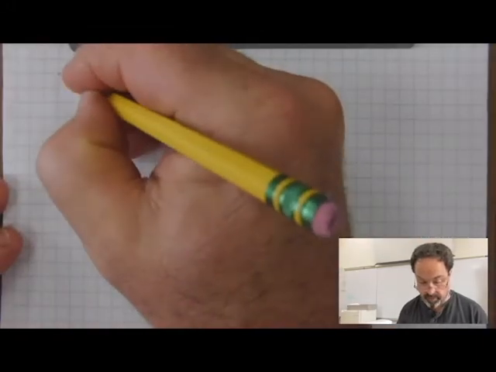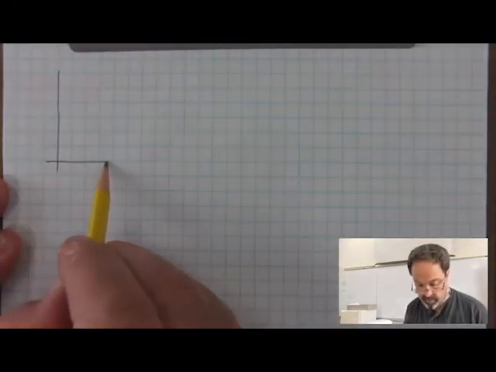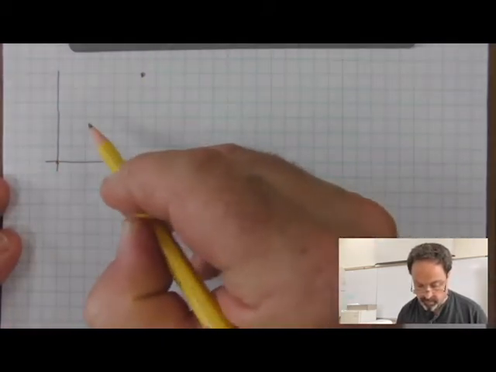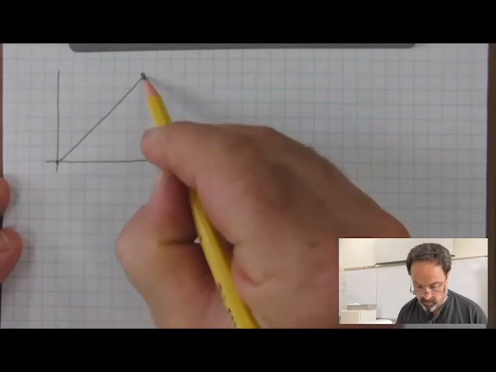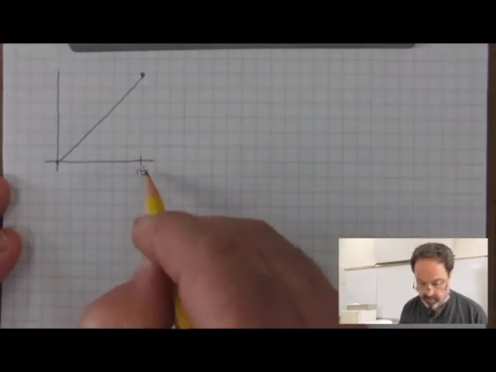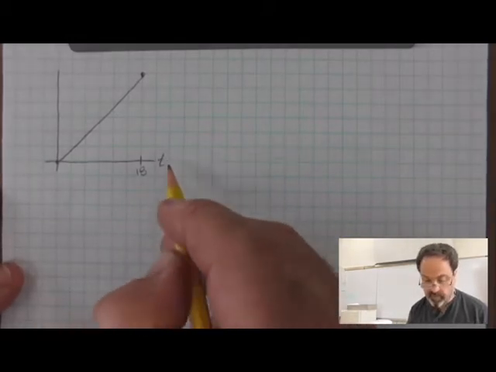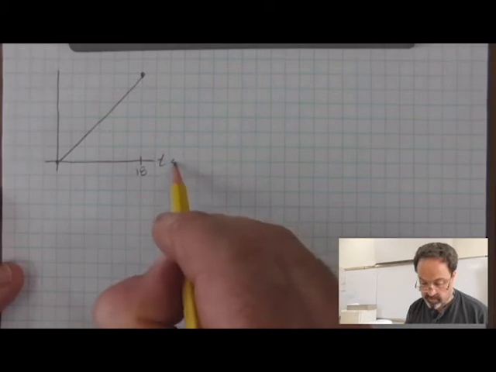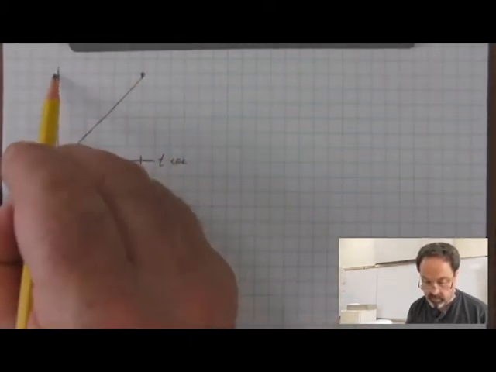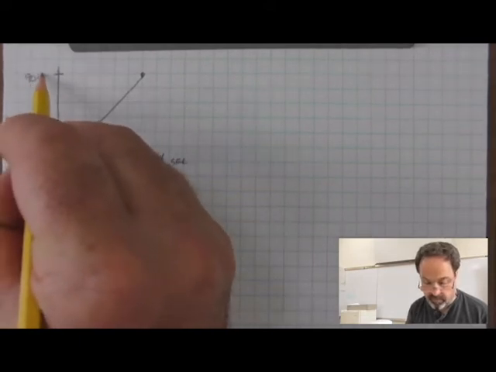We're going to do that by making some simple graphs. I'm making a graph of a line starting at the origin, going straight to a point on the horizontal axis. We will make a tick mark and call it 18. The horizontal axis will be our time axis in seconds. And on the vertical axis, we'll make a tick mark and label it 90.